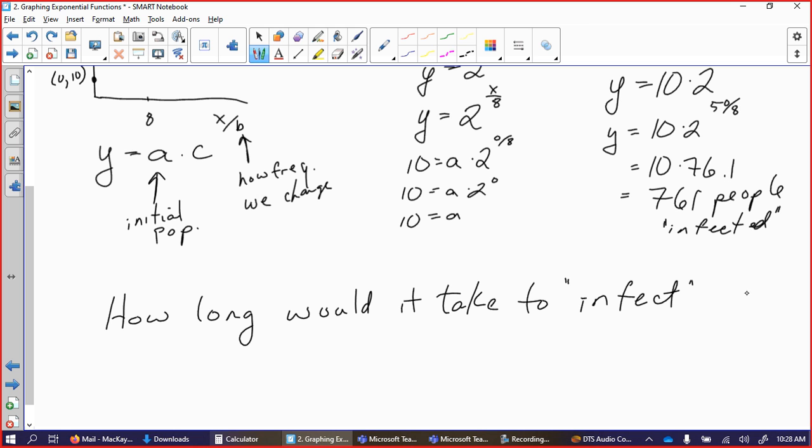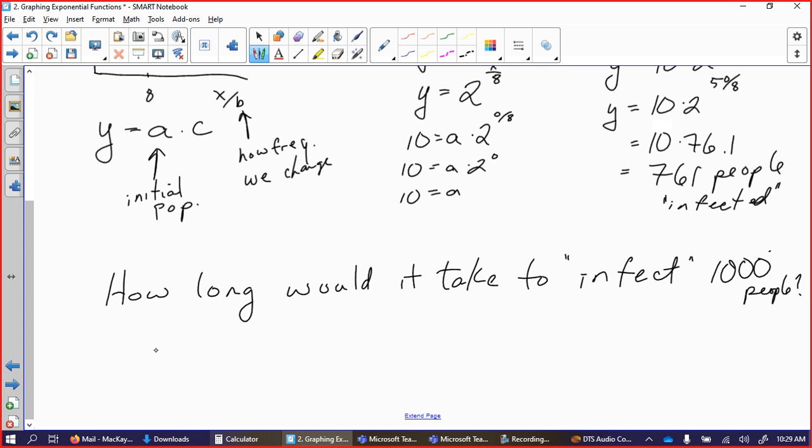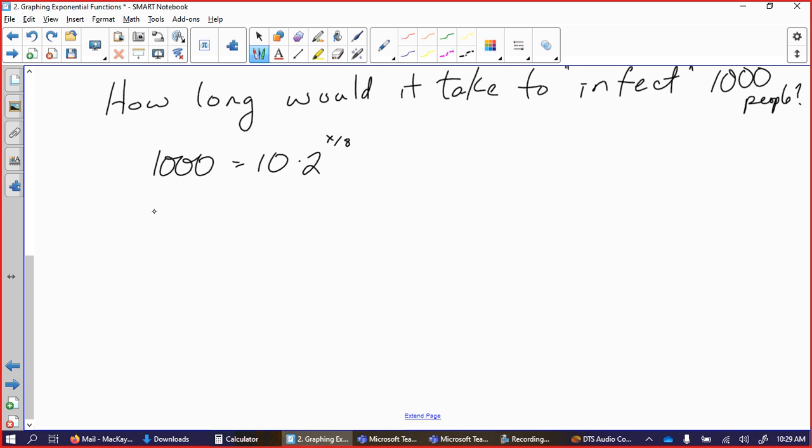How long would it take to infect 1,000 or 10,000 people? Well, if y is the people infected, 1,000 equals 10 times 2 to the x over 8. Getting the 10 away is easy, so 100 equals... does anybody know how to get that x on its own?